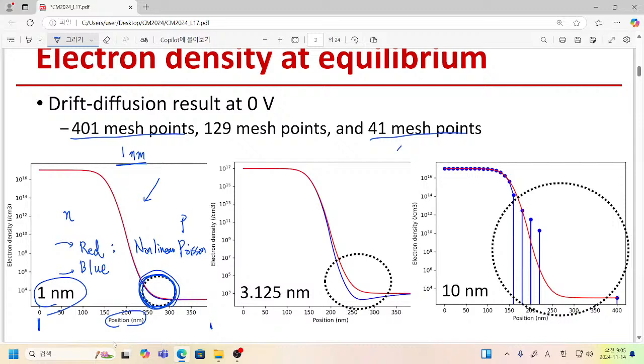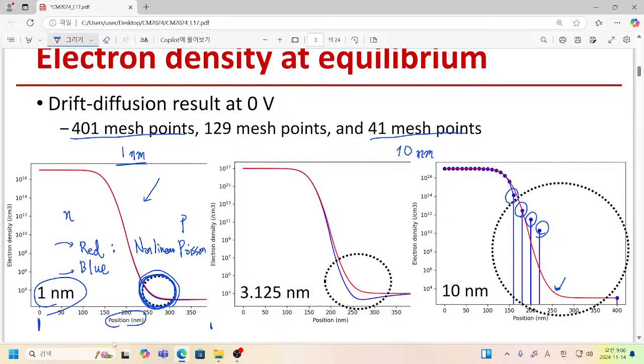In this case we have introduced 10 nanometer spacing, so we have just 41 mesh points, and please have a look at the result. Even in this case our red line shows a beautiful result, and these are solutions of your simulation. Even when you do it correctly, you will get this result.